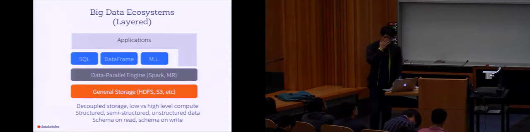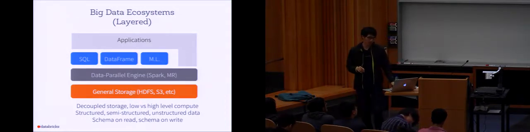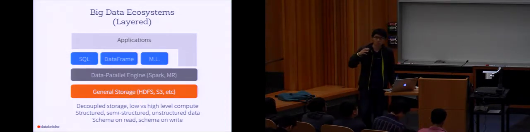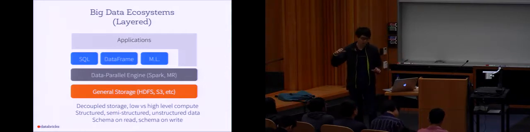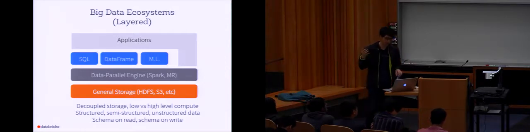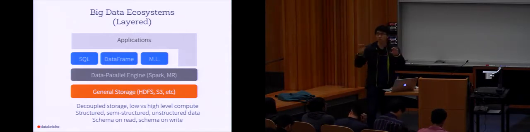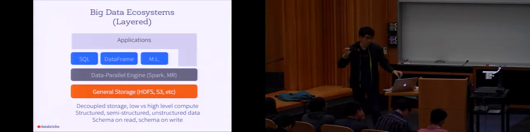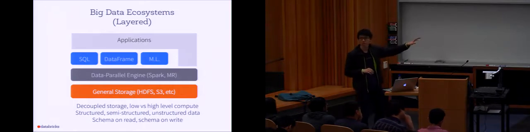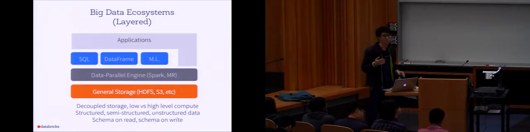If you look at the big data stack, what's happening now is there's general storage, for example HDFS, or sometimes you might even use S3 and other things. There's a data parallel engine sitting on top of it, like Spark or MapReduce, and there are higher level frameworks on top of that. Now, at the storage layer, the only thing the storage expects is a bunch of bytes.